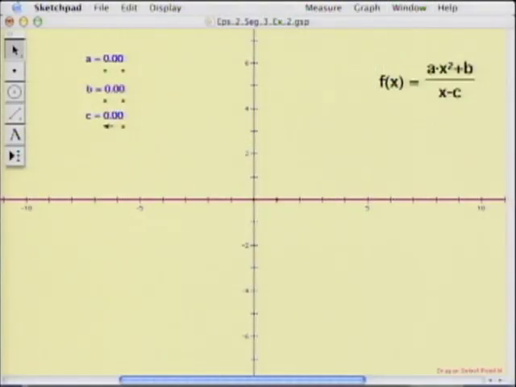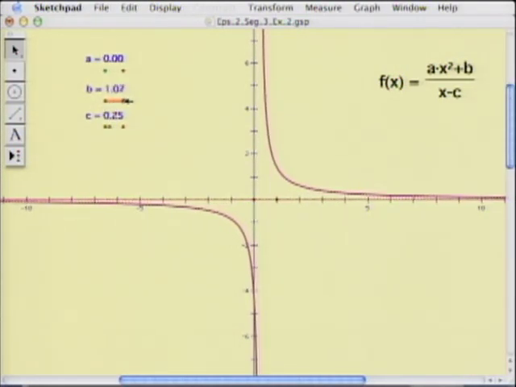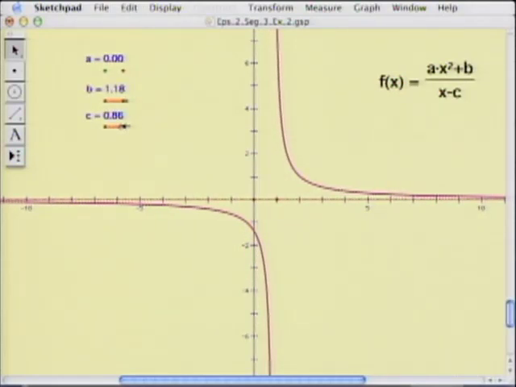If this is an ax squared up here, the change is about the same. The c again moves it left and right, and you get that same kind of shape.